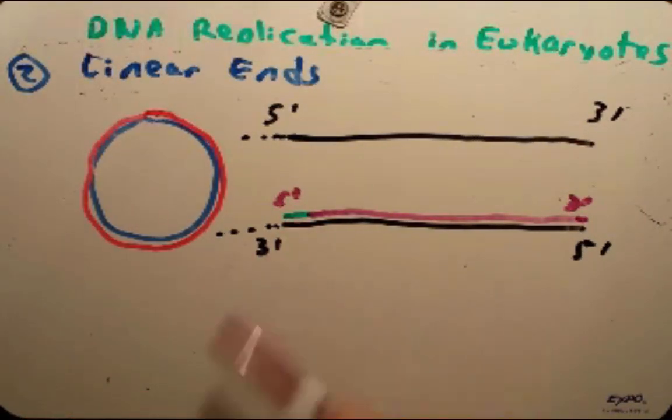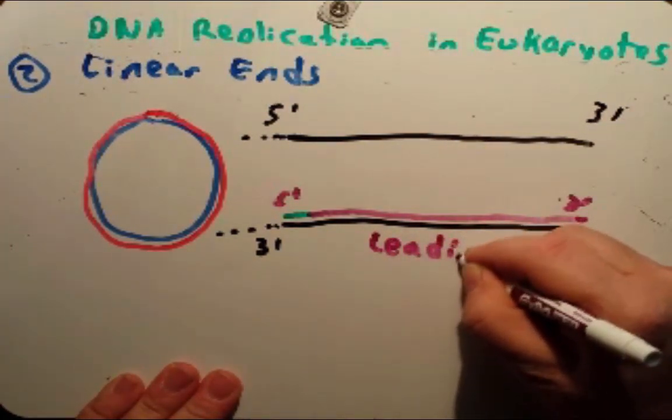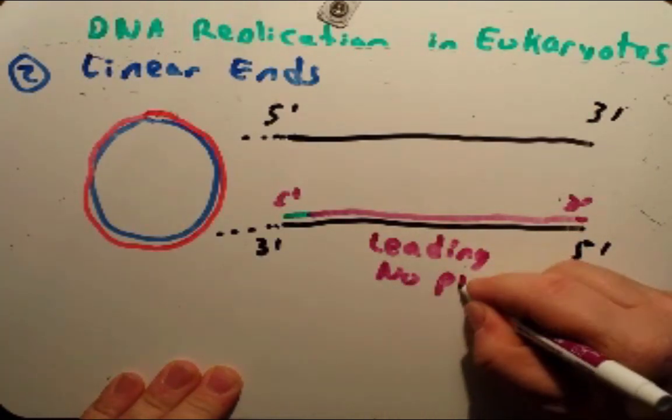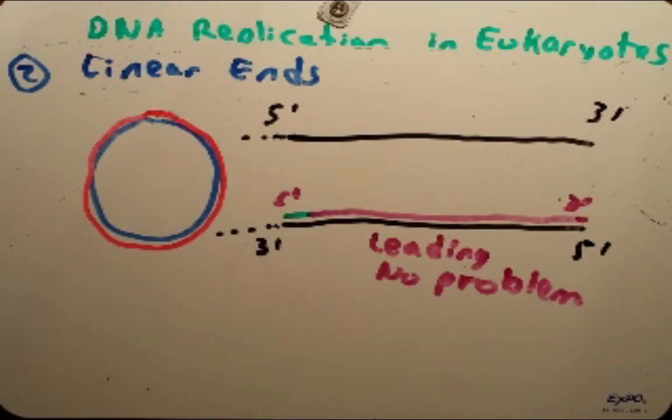Then this RNA primer is removed and new DNA fills in that gap. And then DNA ligase comes along and finishes it off. So this strand down here, the leading strand, is no problem. We'll put no problem on this end of the molecule.